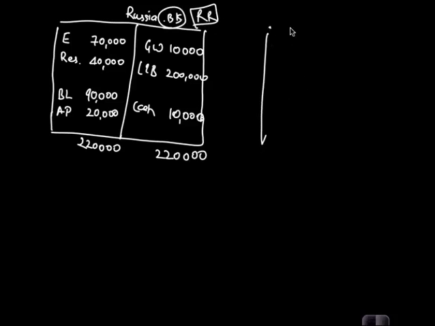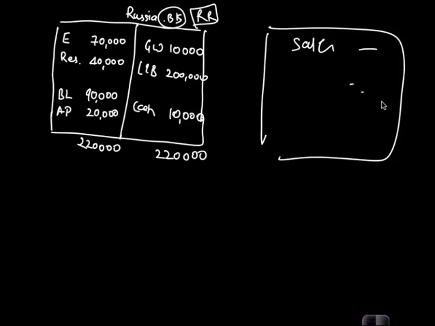Now we have the income statement. We have sales, whatever that is. Profit after tax 20,000. Dividends 25,000.